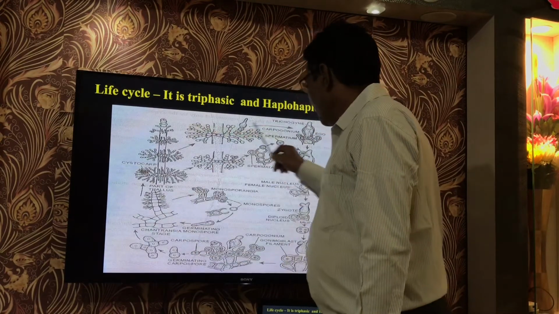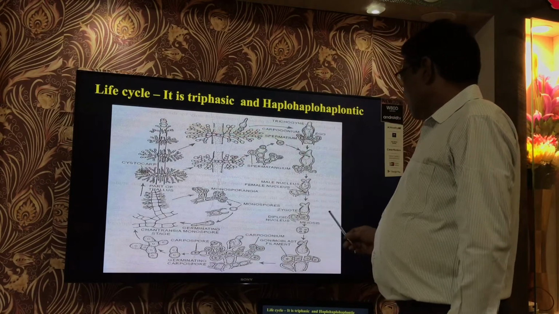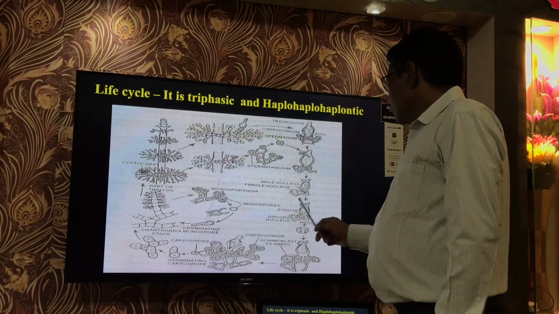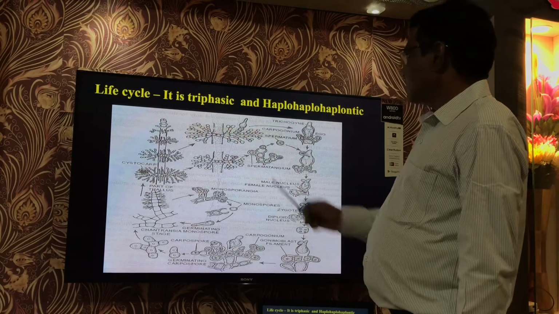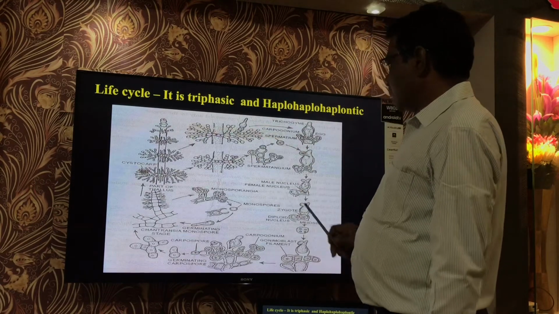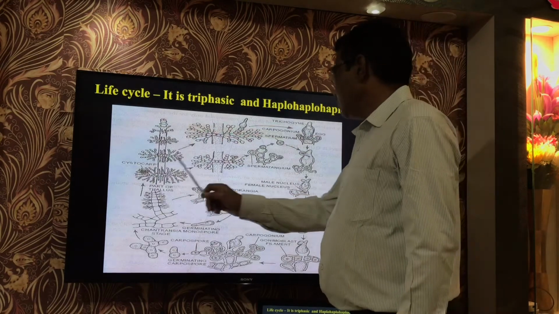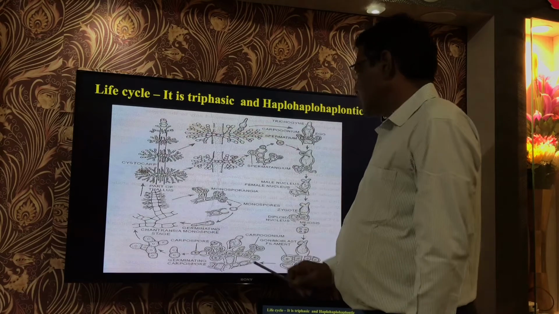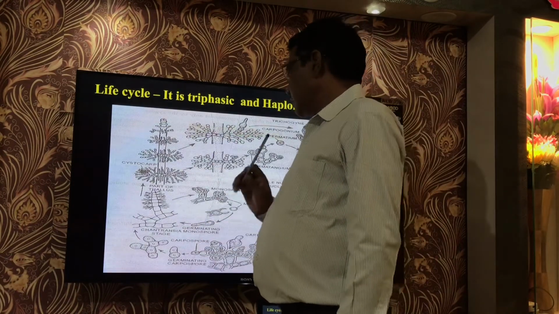So these three haploid phases are regularly alternating with only a short-lived diploid structure, that is the zygote. So this type of life cycle is called triphasic. Why is it called triphasic? Because there are three different phases. One, that is the gametophytic thallus. Second is the carposporophyte or cystocarp, and third is the Chantransia stage. So it is called triphasic.